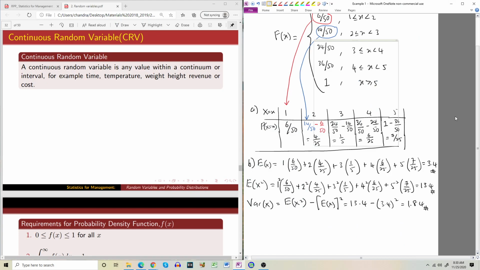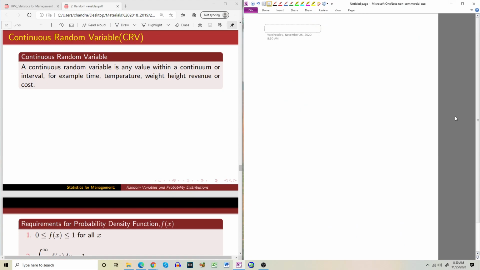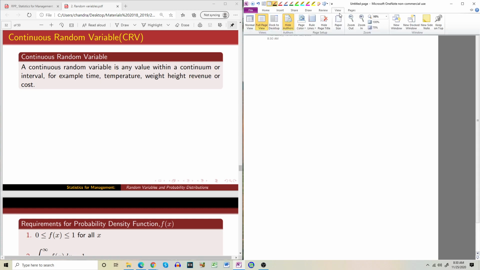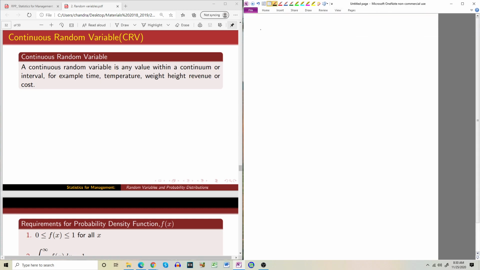Next page. CRV, or continuous random variables.